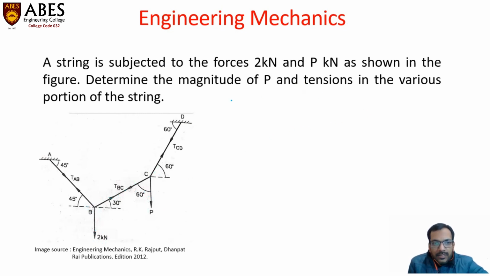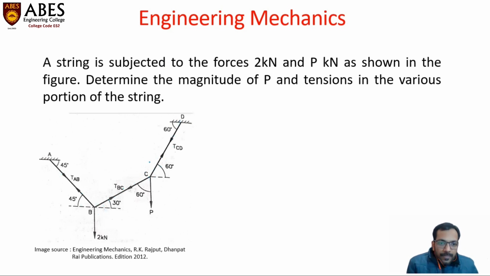The question is, we need to determine the magnitude of P and tension in the various portions of the string. We need to calculate what is the value of the force in this string portion AB, the string portion BC, and the string portion CD.